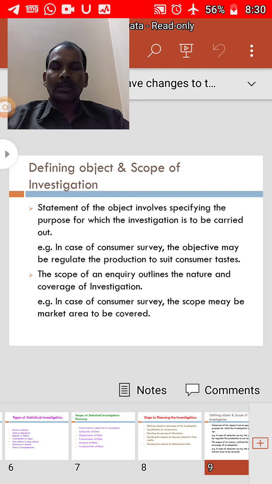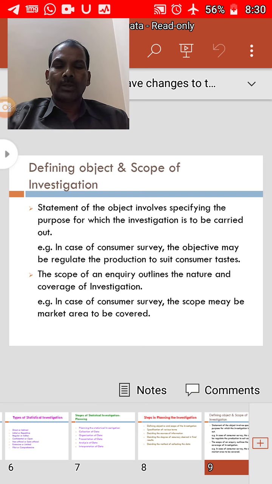The scope of investigation must be determined by keeping in mind the object of investigation, and the availability of resources such as money, time, experience, and trained personnel to carry out the investigation.